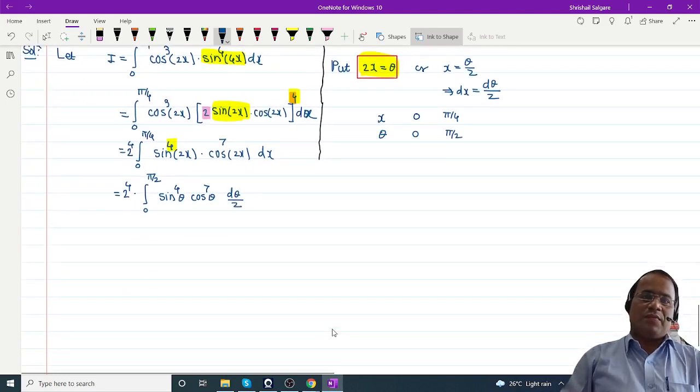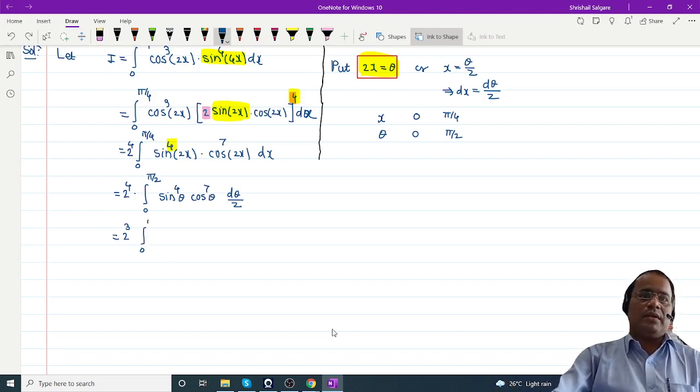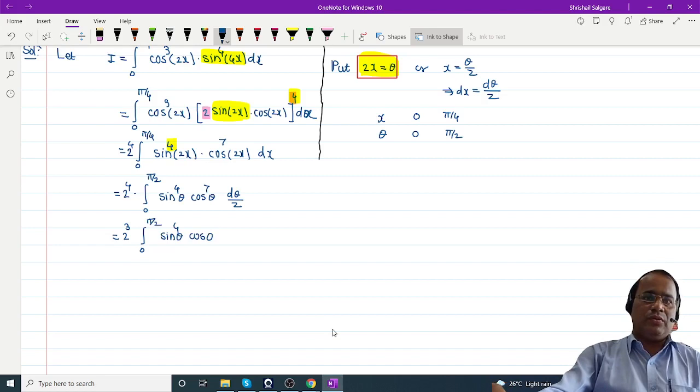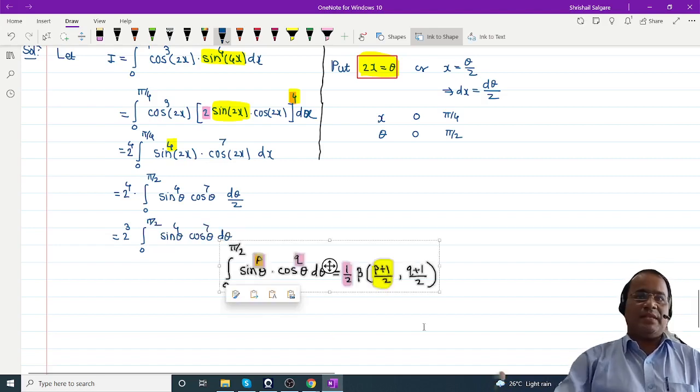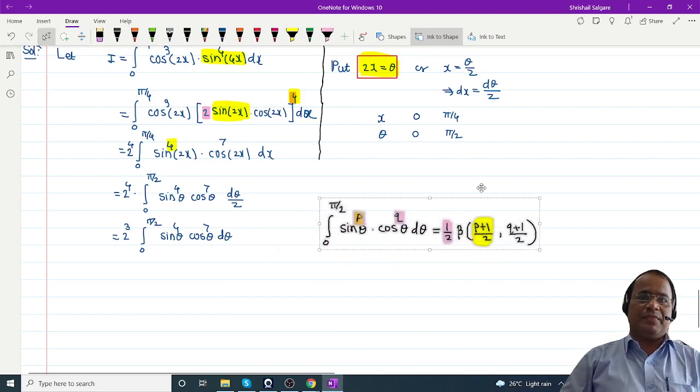So you can simplify: 2 raised to 4 upon 2 gives 2 raised to 3, so we have 2 raised to 3 times the integral from 0 to pi by 2 of sine theta raised to 4 into cos theta raised to 7 d theta, and it comes in the beta form. This is the definition.